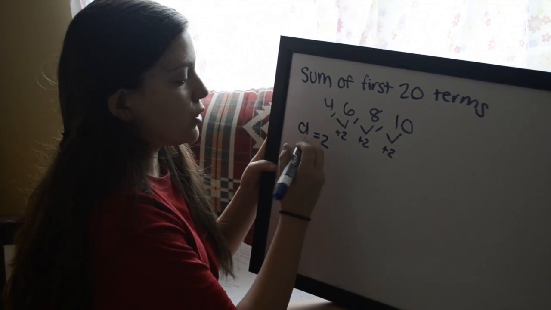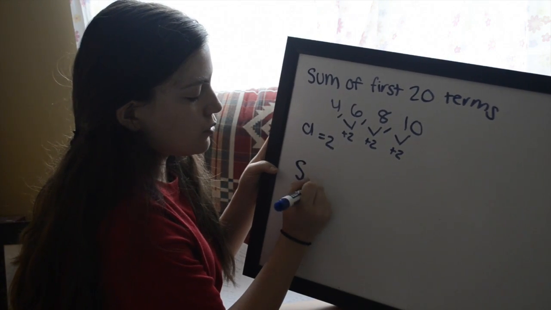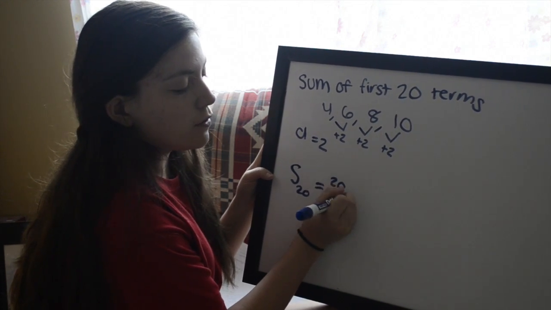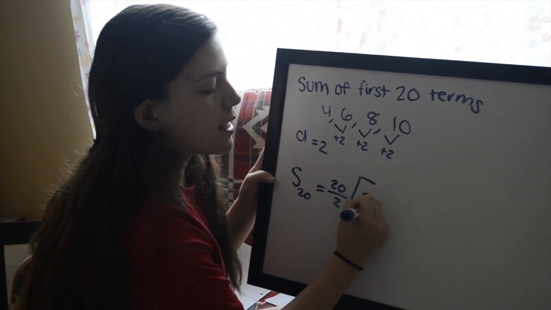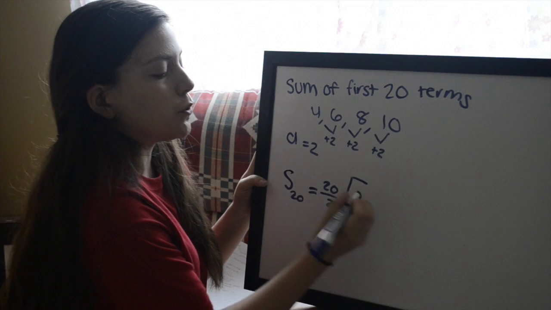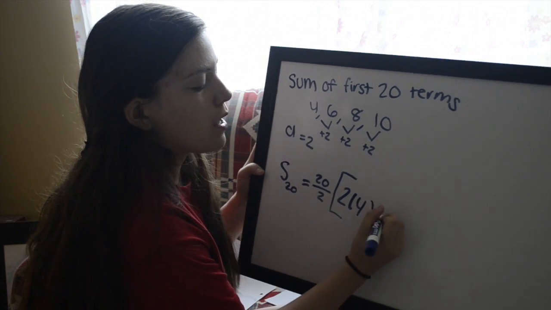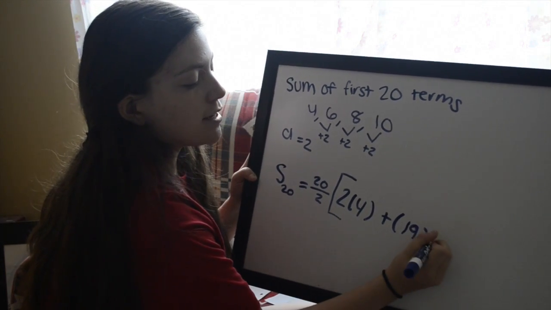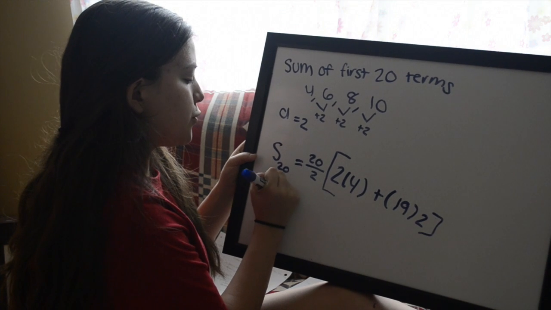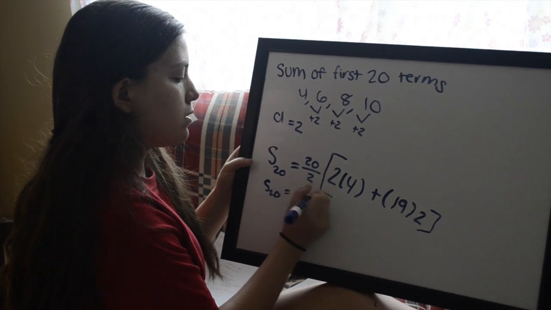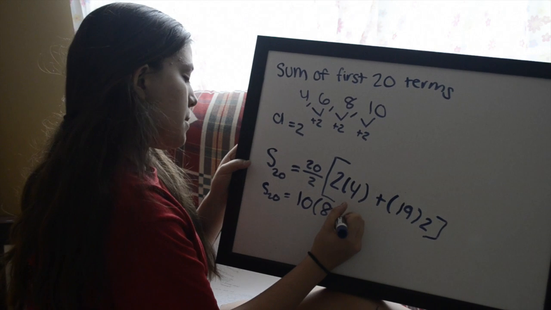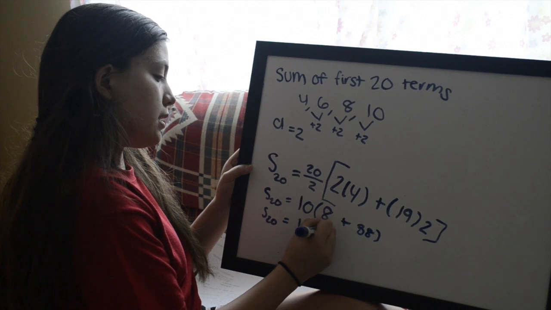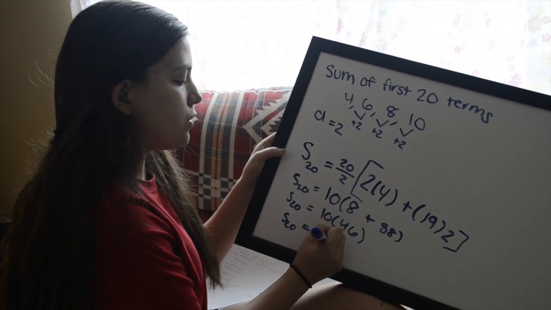So with our sum equation, S sub 20 equals the number of terms, which is 20, over 2, times 2 times a sub 1, which is the first term, 4, plus n minus 1, 20 minus 1, which is 19, times our common difference of 2. The sum of the first 20 terms equals 10 times 8 plus 38. S sub 20 equals 10 times 46, which equals 460.